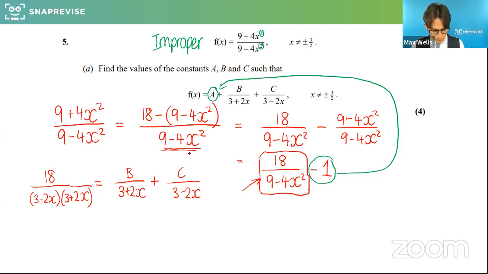Now, my actual question, I wanted 9 plus 4x squared on the numerator, okay? So if I multiply this denominator by minus 1, I'd get minus 9 plus 4x squared. So I'm out by 18. Because if I have 18 minus (9 minus 4x squared), that would tidy up to the thing I want.